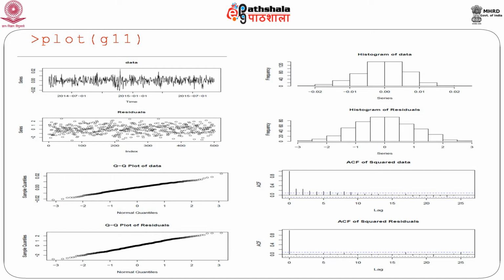Next it will generate a QQ plot. The QQ plot also shows a fair fit to the normal distribution, so there is no issue. And then the ACF of squared data and the ACF of squared residuals are provided. These are the 4 diagnostic plots that can be generated from the GARCH object of the tseries function.